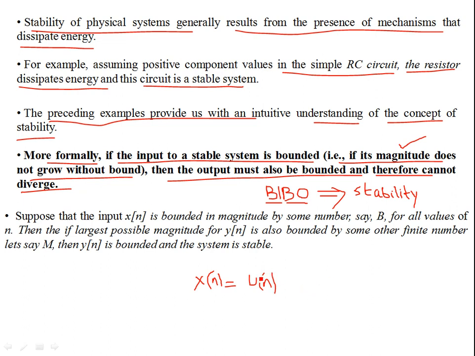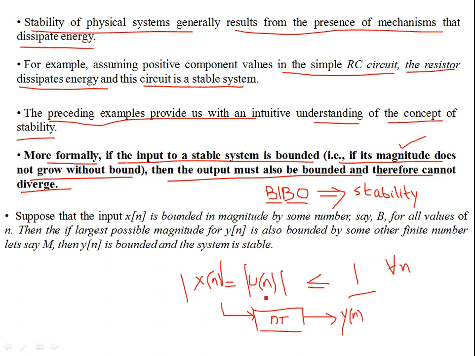That's 1. So you see over here, for all n, the magnitude is always less than or equal to 1. So that's the bound. Now, if this system is applied to a certain discrete time system, and the output, let's call that y of n, and if that y of n magnitude is also bounded for all n, you see, although this input u of n is an infinite duration input, right?